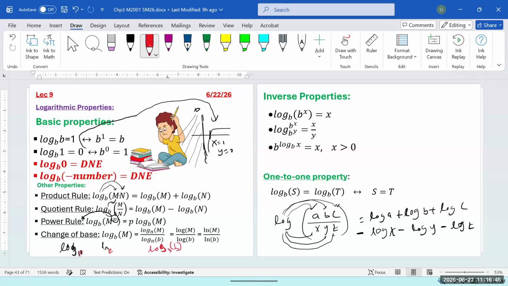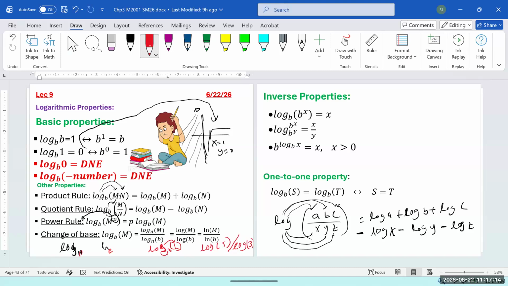So in order to find how much log base 3 of 5 is, we have to change our base from 3 to the default base 10. So what we do is, it's kind of like a distribution, but actually it's not. We take the log of the argument and divide by the log of the base. So it will be log of the argument divided by log of the base.